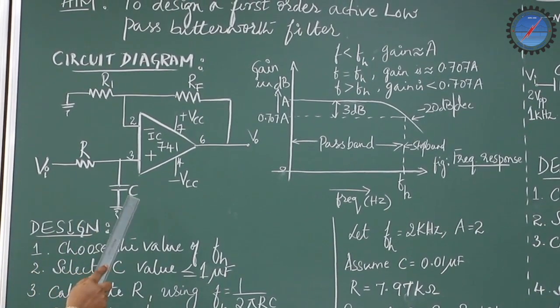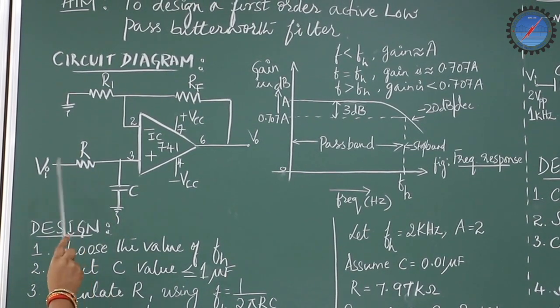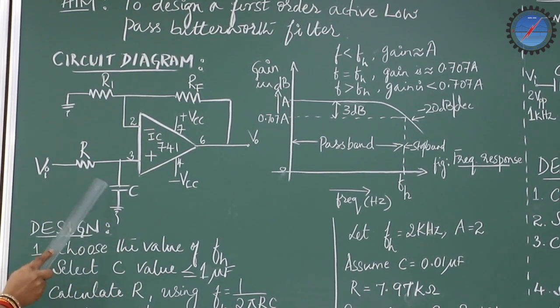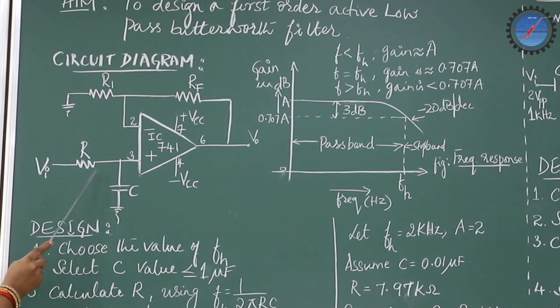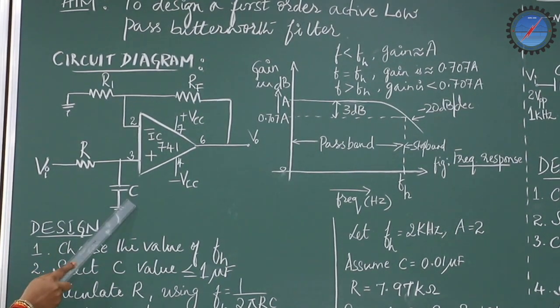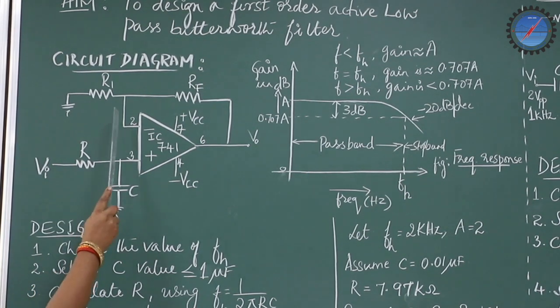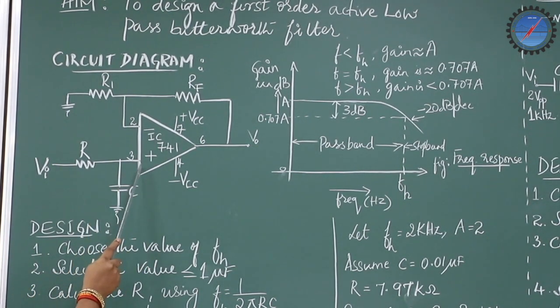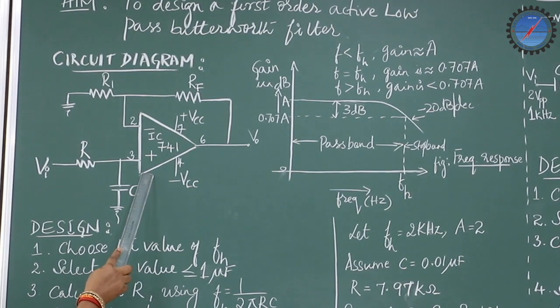A first order low pass filter consists of a single RC network, this RC combination, and the active component is an operational amplifier.